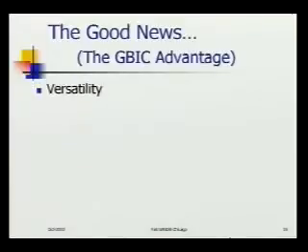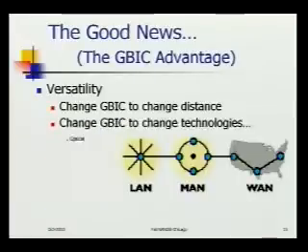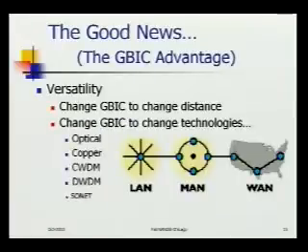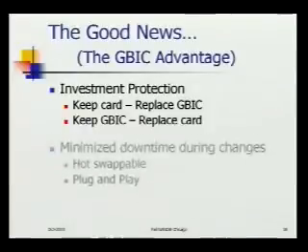So the good news about GBICs, we've covered off some of those. Again, you just change the GBIC to go different distances, or just change the GBIC to use different technologies. Not only can you keep the card and replace the GBIC, but as the vendor comes out with new cards, you can actually keep the GBIC and just replace the cards.